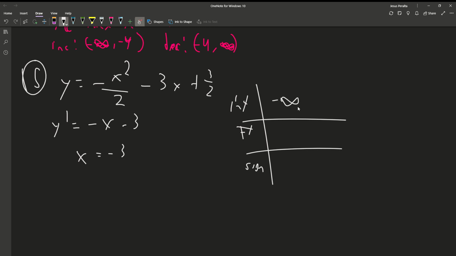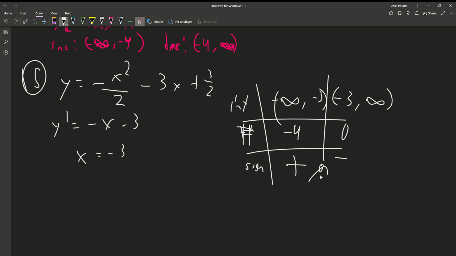Negative infinity to negative 3 interval. And don't forget your parentheses. Negative 3 to infinity. And then we would write, this is supposed to be number. And this we would write negative 4 and 0. So we plug in negative 4 and that would become a positive. We do this negative, so it would go from increasing positive. So then it would be a relative max.